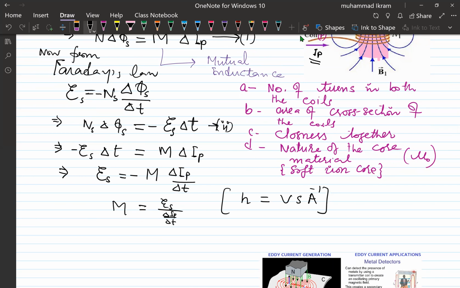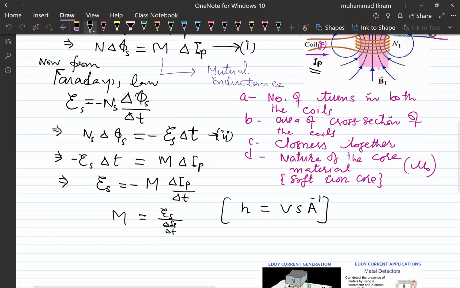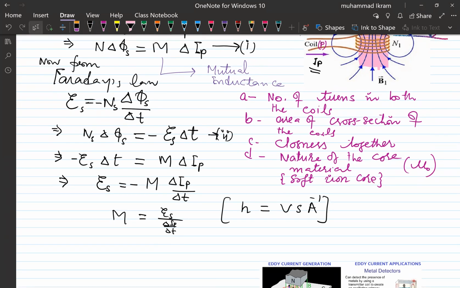Let me tell you in the easiest way. The mutual inductance is said to be 1 Henry if a rate of change of current of 1 ampere per second causes an EMF of 1 volt in the secondary coil.